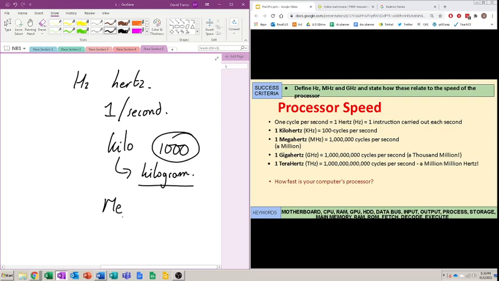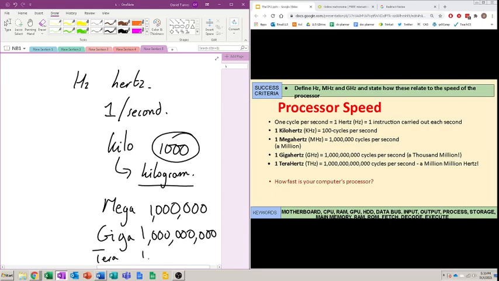Mega means 1 million, so 1 with 6 zeros after it. Giga means 1 with 9 zeros after it. 1, 2, 3, 1, 2, 3. And finally, we get tera with 12, so 1 times 10 to the 12. Giga means billion, tera means trillion.